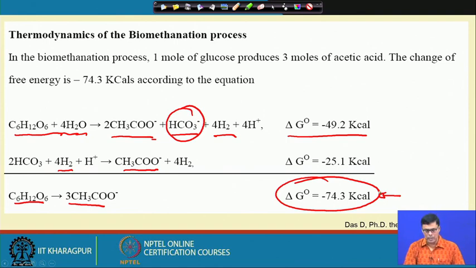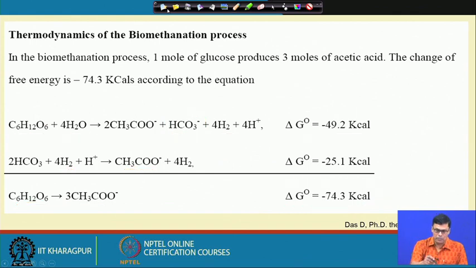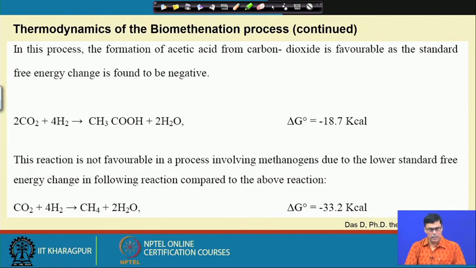Now, if you look at the anaerobic digestion process, when you carry out anaerobic fermentation, the acid formation process is quite fast, so we do not have much of a problem with it. This acid can also be formed from carbon dioxide.